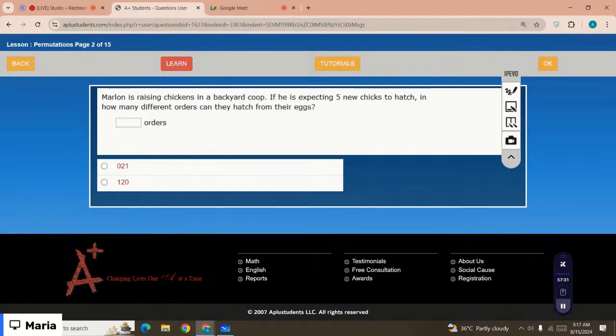Yes, you have to evaluate 5 factorial, right? And 5 factorial is 5 times 4 times 3 times 2 times 1. So that is 120. Option number 2 is the correct option. 5 factorial is 120.